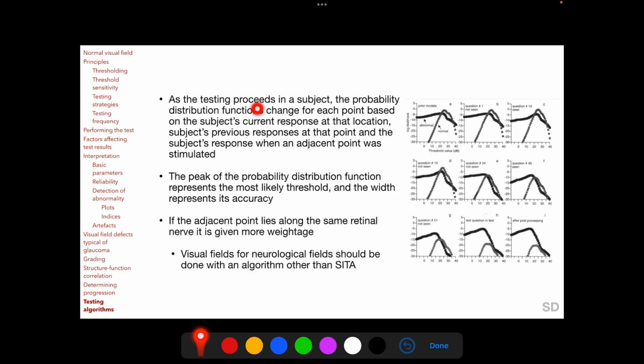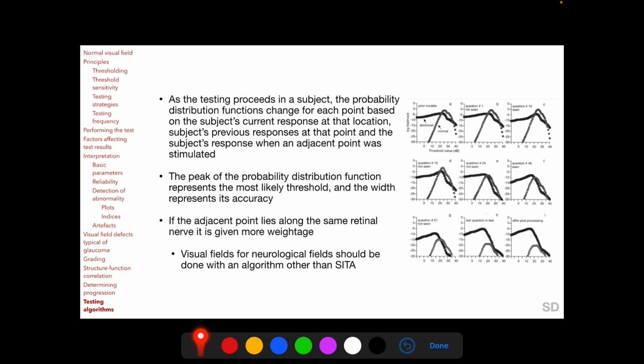As the testing proceeds, the PDFs at each location change based on the subject's current response at that location, the subject's previous response at that location, and the subject's response when an adjacent point was stimulated. So we see here in this figure that the 2 PDFs of a test location change their shape with every response to a stimulus at that location and nearby ones.